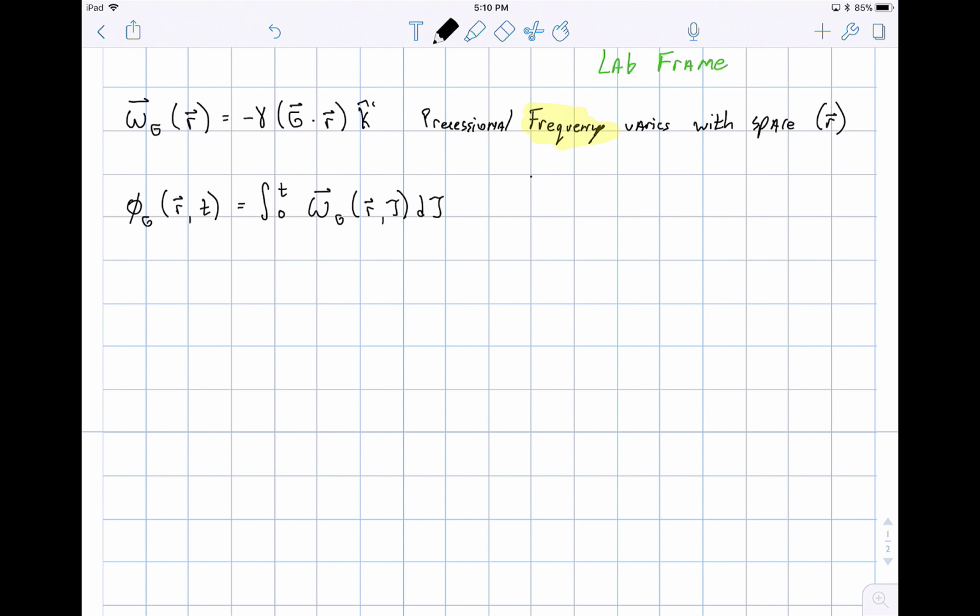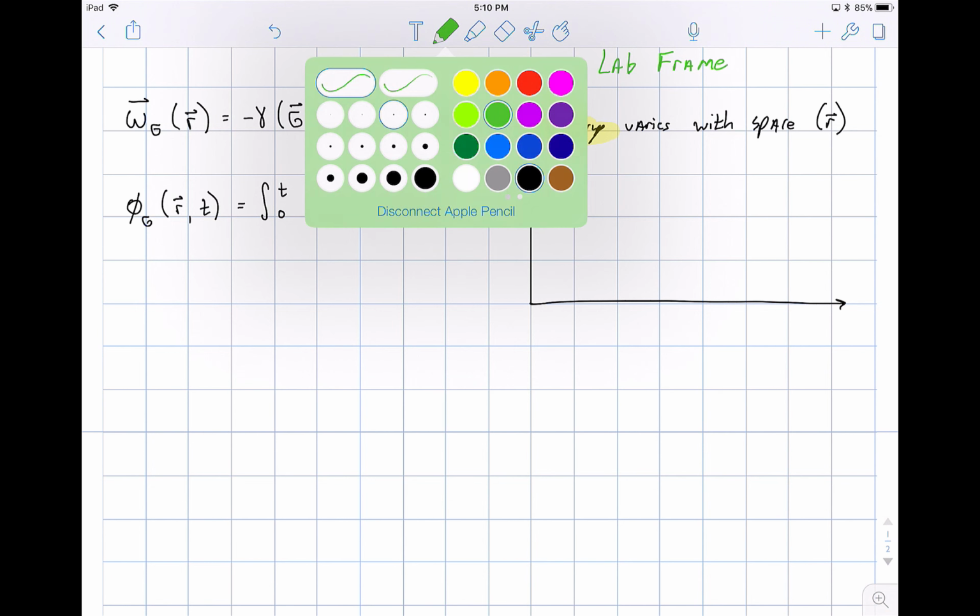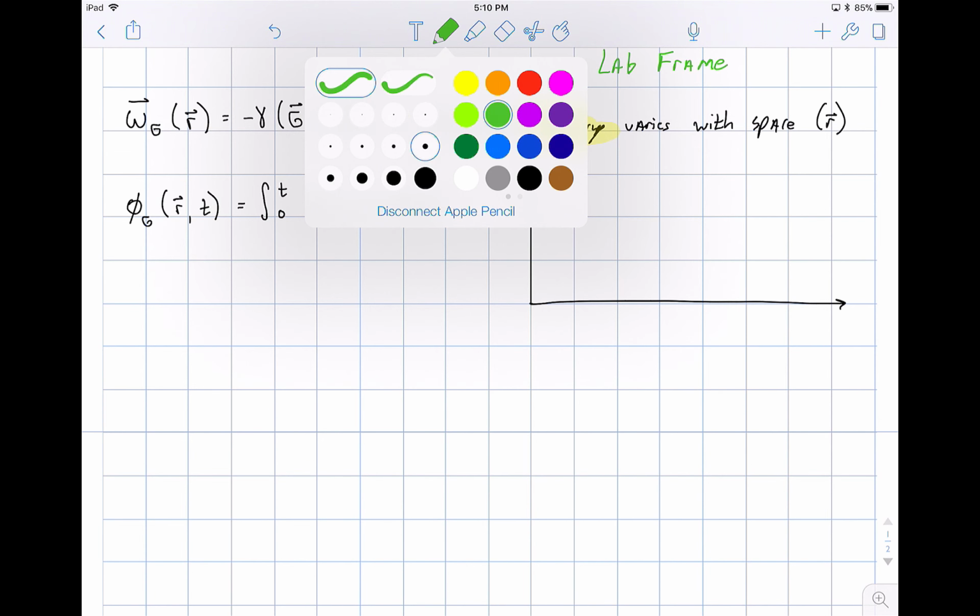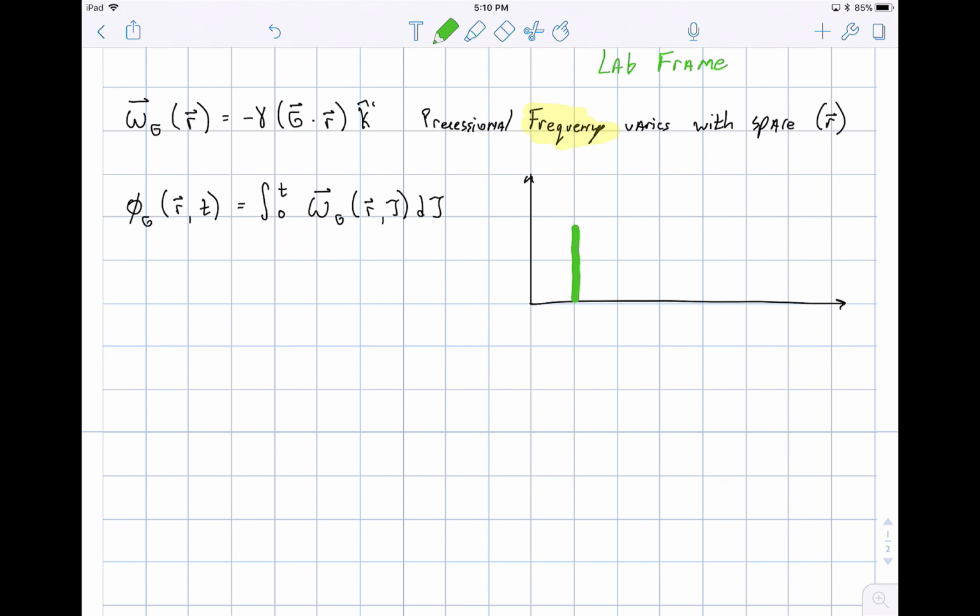So picture, if you will, a gradient. Maybe this gradient is turned on, and it's going to persist for some period of time.